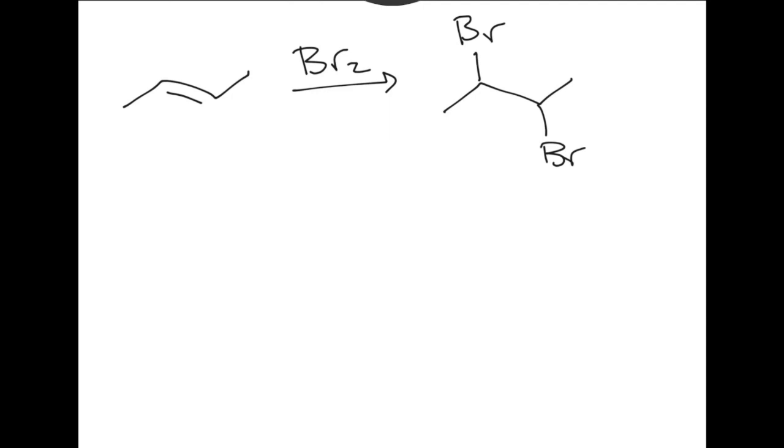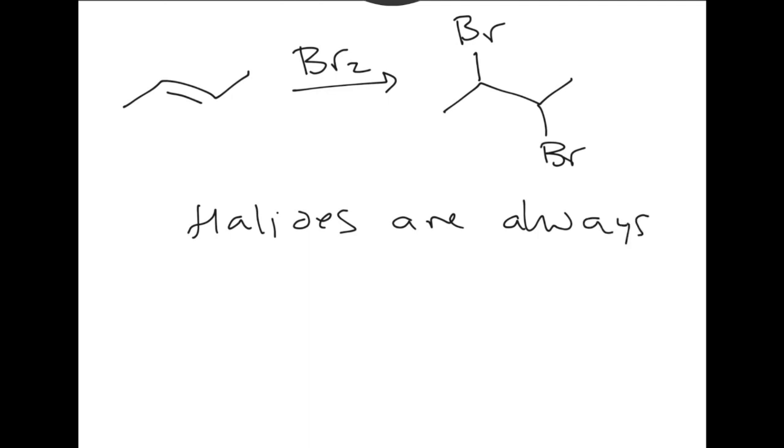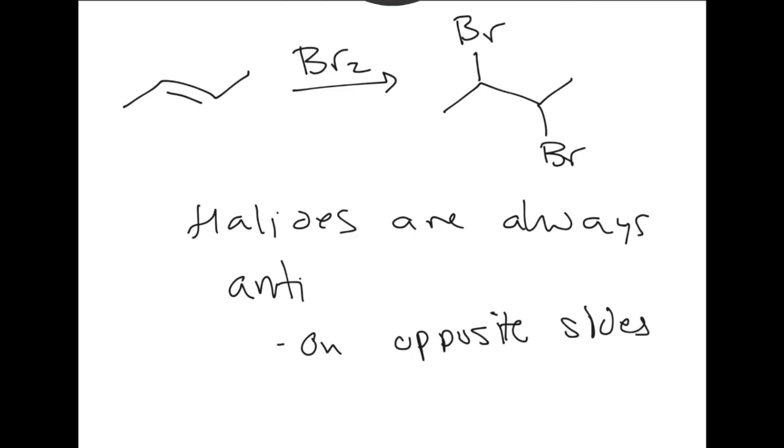Because of the mechanism, which we're going to show in a second, the actual product is you're going to have one bromine that is up and one bromine that is back.